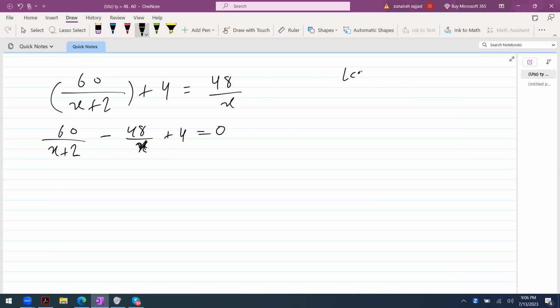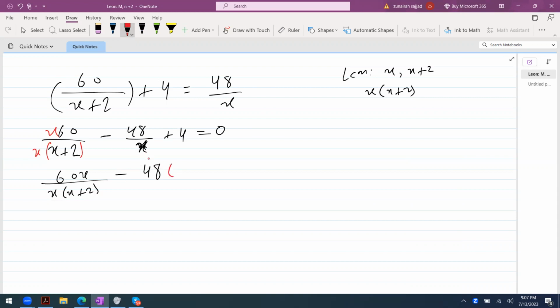It's x into x plus 2. We will make the denominator the same. This one, multiply and divide by x. So that is going to become 60x over x into x plus 2. Minus 48, multiply and divide by x plus 2, right?